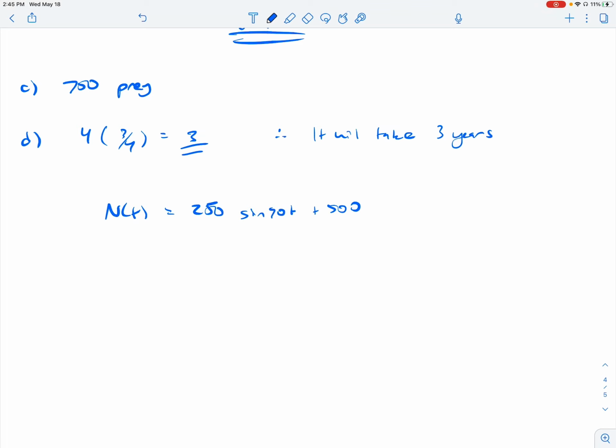So our minimum is the center line minus the amplitude, which is 250. Center line minus amplitude. Okay, so we're going to subtract 500 from both sides. That cancels this out. So we get minus 250.